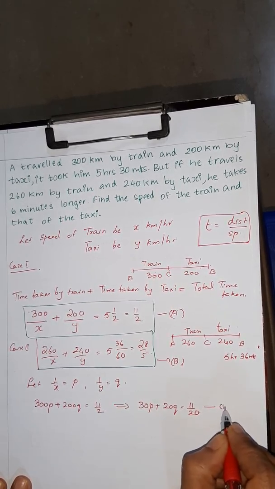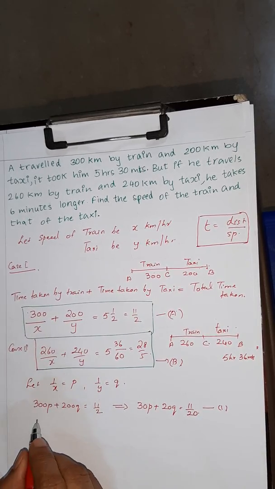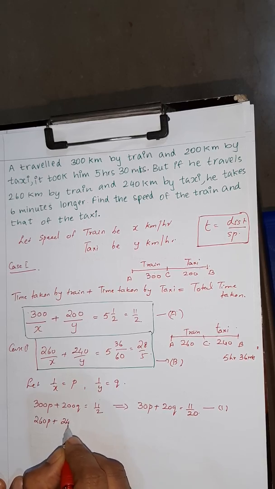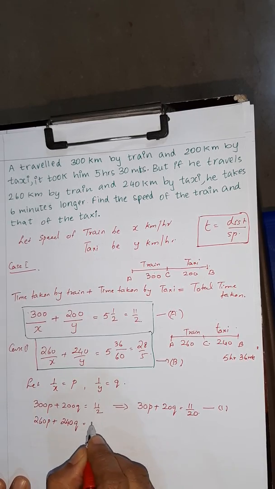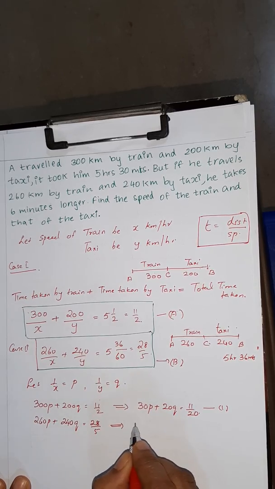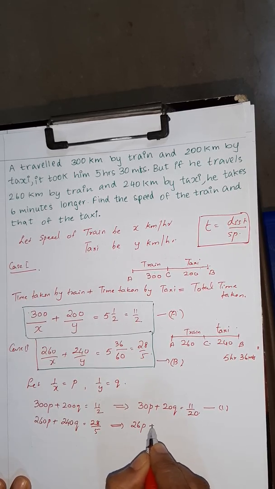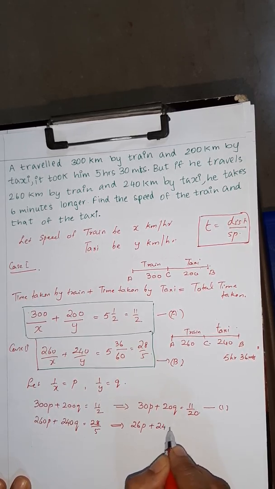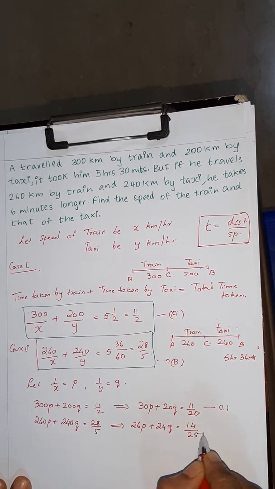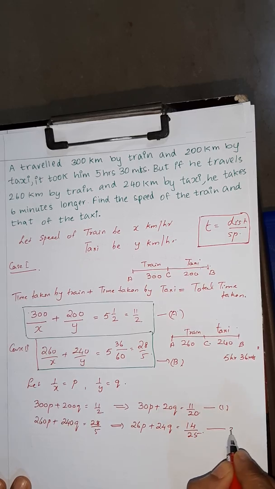This is equation 1, and this 260P plus 240Q is equal to 28 by 5. Simplifying, 26P plus 24Q is equal to 14 by 25.